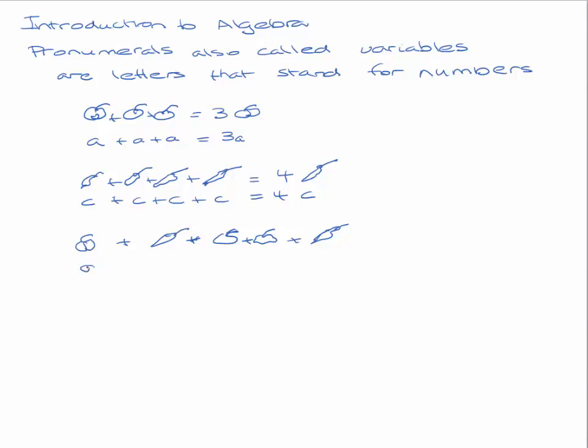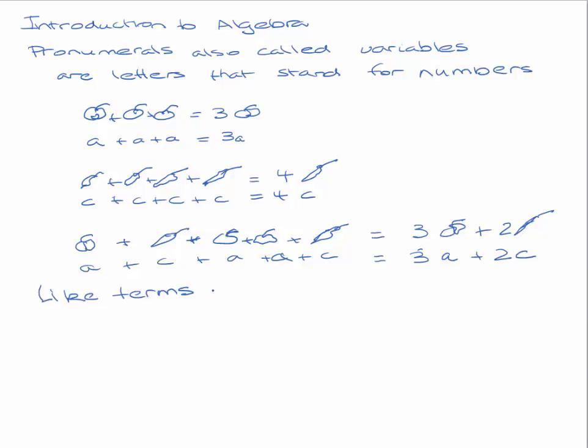So we'd have an apple plus a chili plus an apple plus a chili plus an apple plus a chili, and so we've got 3 apples and 2 chilies, and so we'd have 3A plus 2C.